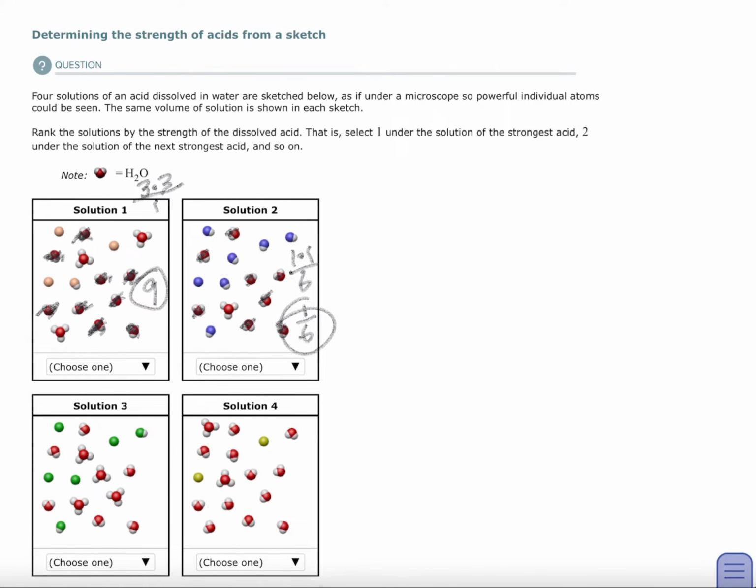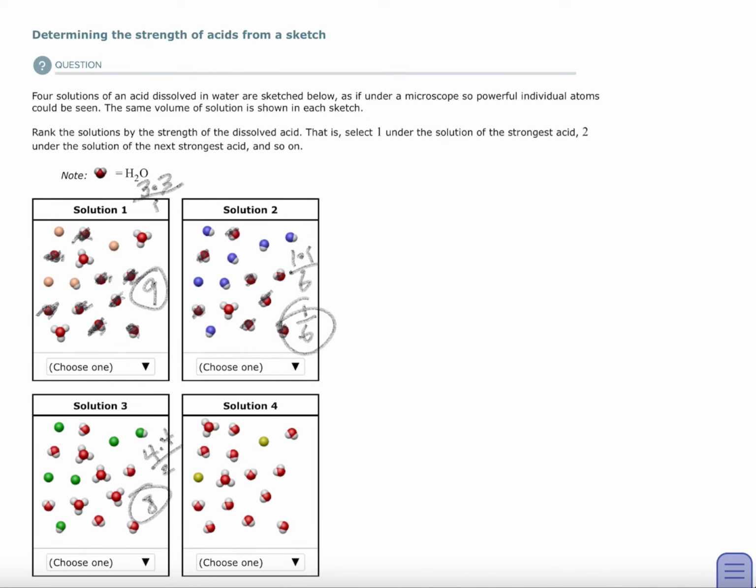That's a low number here. Okay. The next one, I'm going to have 4 of the hydroniums. I'm going to have 4 of the little green ones, so 4 of the conjugate bases divided by 2. So 16 divided by 2 is 8.